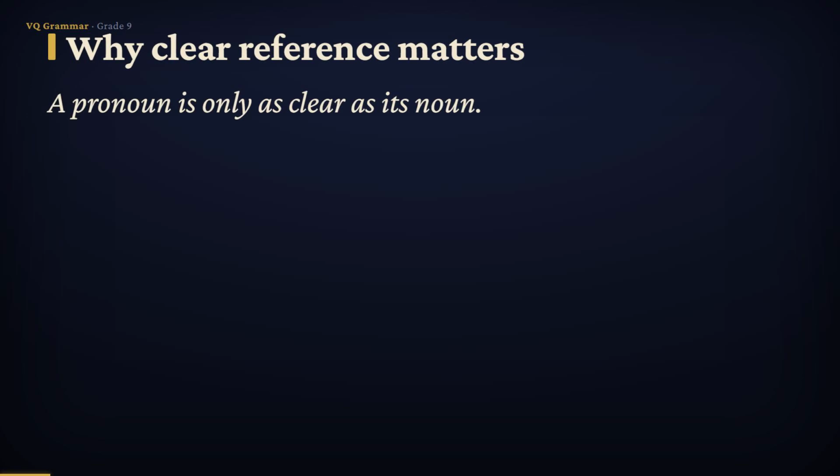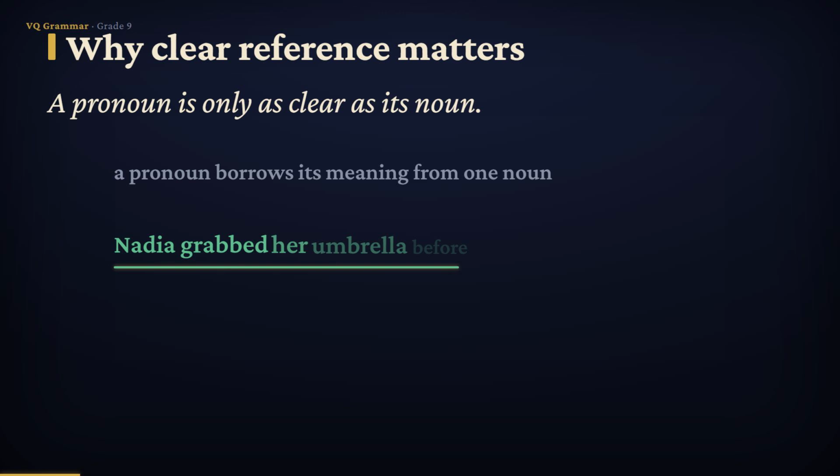So why does clear reference matter so much? Here's the heart of it. A pronoun borrows its meaning from one noun. On its own, a word like he, she, it, or they means almost nothing. It only comes alive when we know exactly which noun it stands for. Look at this. Nadia grabbed her umbrella before the storm.